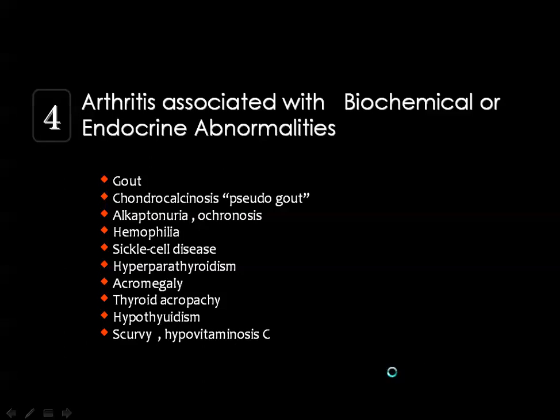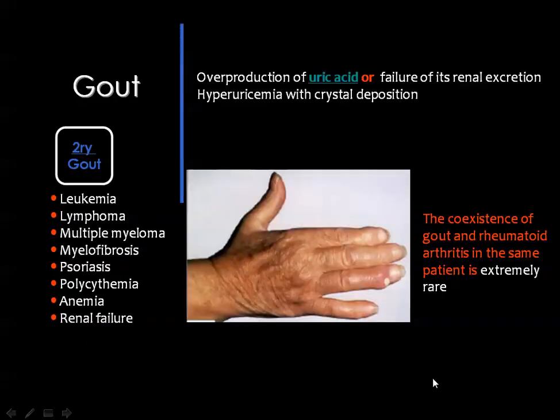Then gout is a metabolic bone disease related to overproduction of uric acid or failure of uric acid excretion by the kidney. In both conditions, there is hyperuricemia with crystal deposition, and this crystal deposition will be near to the joints, especially those of the foot and the hands.